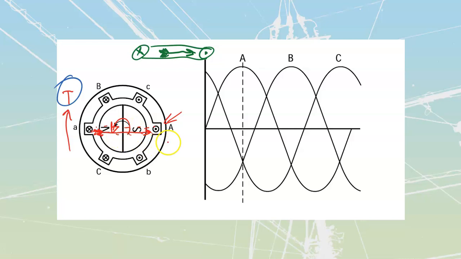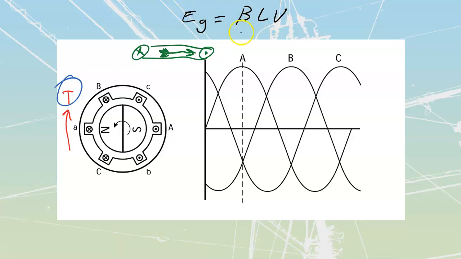If I take a look at my A conductor then right now, I can see that I'm going to be getting a voltage generated off of my A conductor. The next question is, well, how big is that voltage going to be? And we know that there are a couple things that are going to define the value of voltage. That's going to be Faraday's law, Eg is equal to BLV. You should have this one memorized.